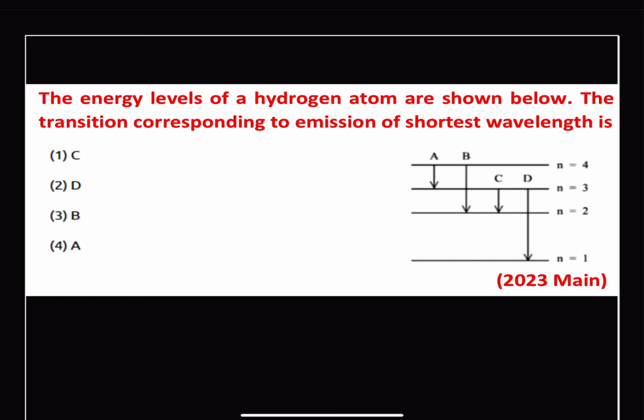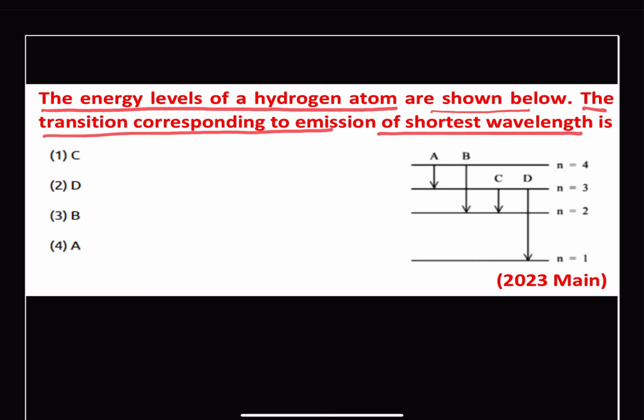it states that energy levels of a hydrogen atom are shown below. The transition corresponding to emission of shortest wavelength is. So in this case, we have to find the shortest wavelength, and we already know the relationship between the wavelength and energy, because energy levels are given to us, and there is an inverse relationship between the two.